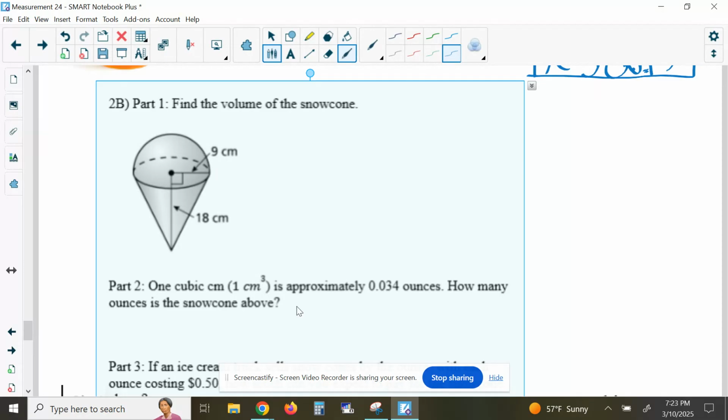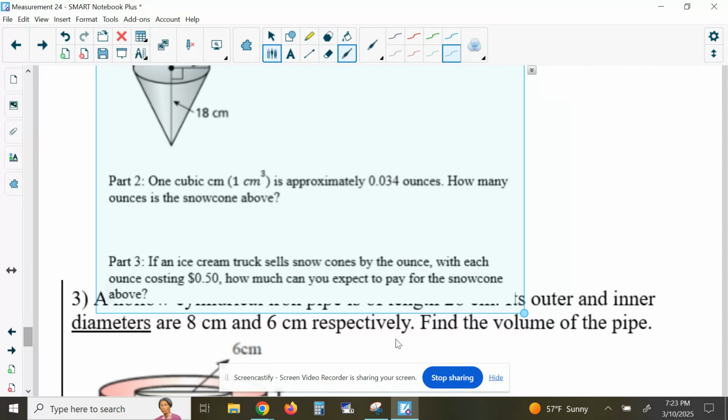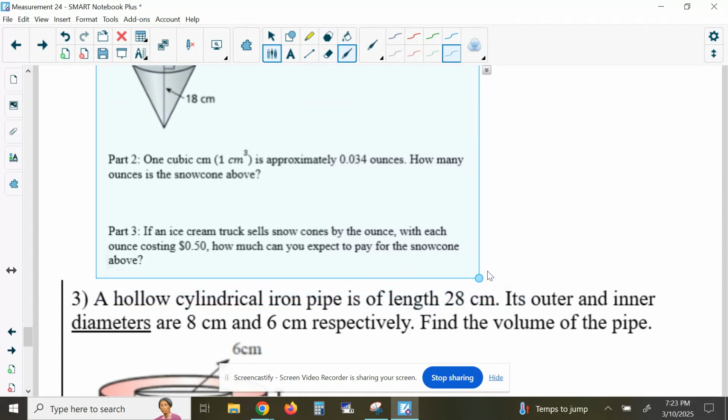It's going to be very similar. And then after that, you need to find the price. If you want to know what something costs, you have to multiply by the price, right? So you should be fine to do that one. Do 2B and then play the next video when you get to number 3.